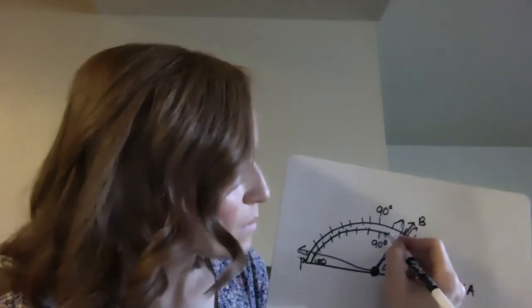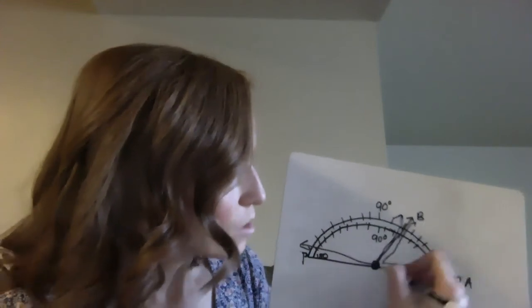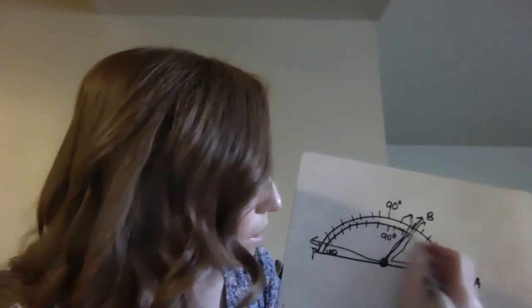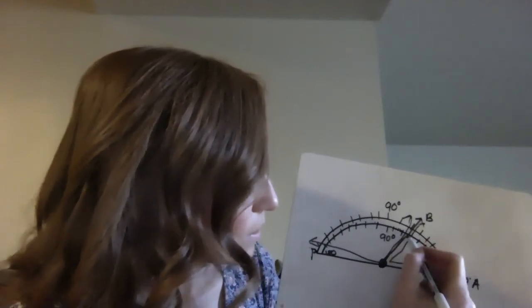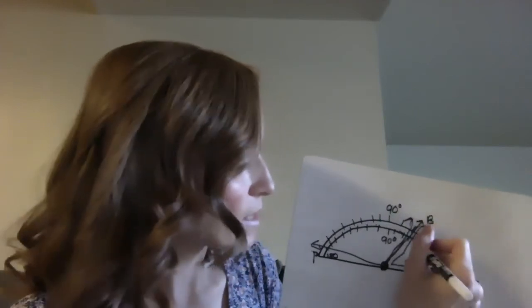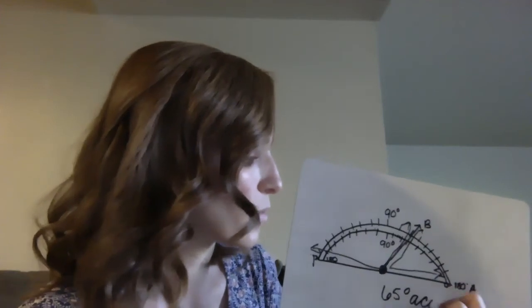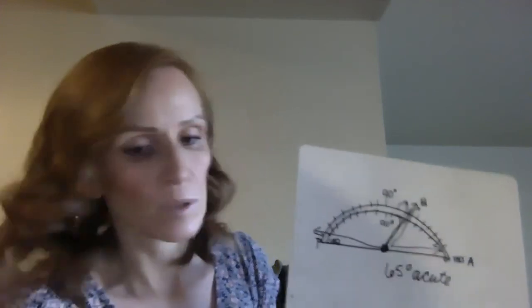You will notice in between each are 10 marks. So this is 90, 80, 70, 60. This is between 70 and 60 on the 5 mark. So this is a 65-degree angle, which means it's acute, right? It's less than 90 degrees, so it's acute.